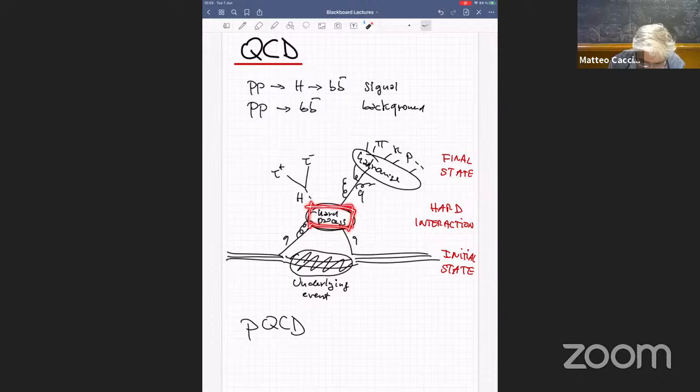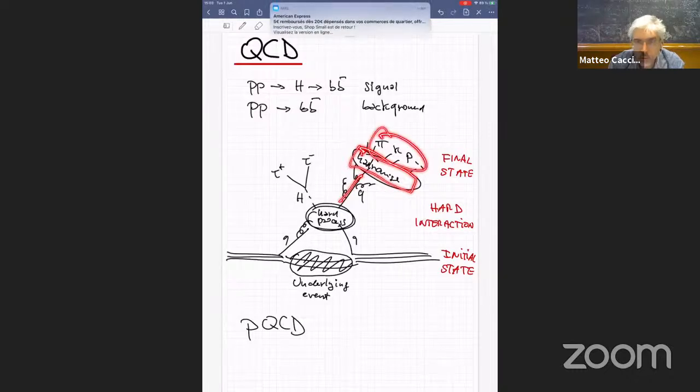What happens at the level of the hard interaction? How do you calculate the hard interaction? And then finally, there is a similar process, how a quark and a gluon emit other quarks and gluons on their way to eventually hadronize and finally give you what is observed. Okay.